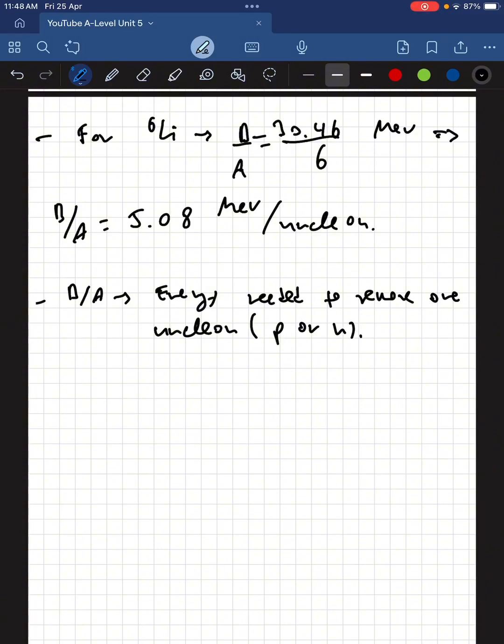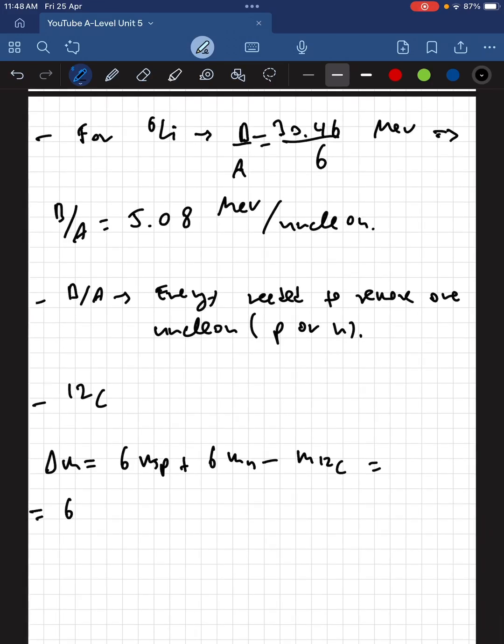Okay, let's go do another example of finding the binding energy for a nucleus and then the binding energy per nucleon. Let's do the carbon-12, which is kind of a special case. You will see why. So the mass deficit is 6 times the mass of the proton plus 6 times the mass of the neutron minus the mass of carbon-12.